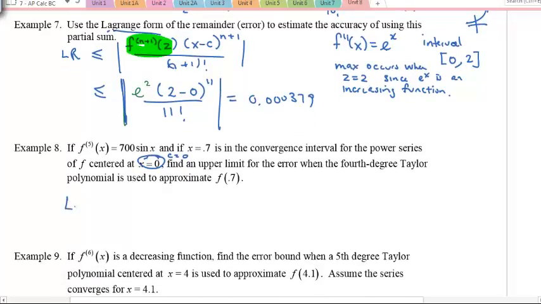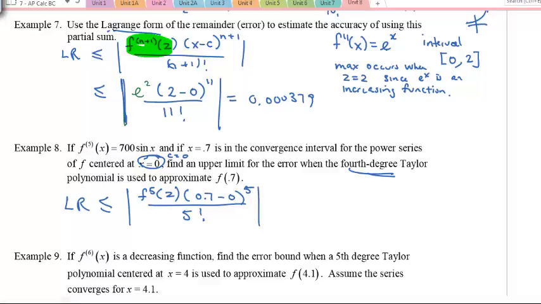So once again, since I used the fourth degree Taylor polynomial, my Lagrange remainder will be the absolute value of the next one. So not the fourth degree, but the fifth degree. So I know it's going to be the fifth derivative, times x minus c. Now I know the x value is 0.7 and the c value is 0. And I know the power is going to be 5, and divide by 5 factorial.